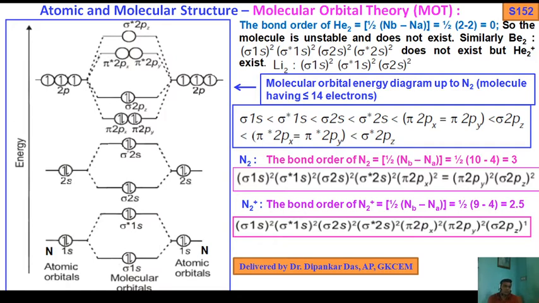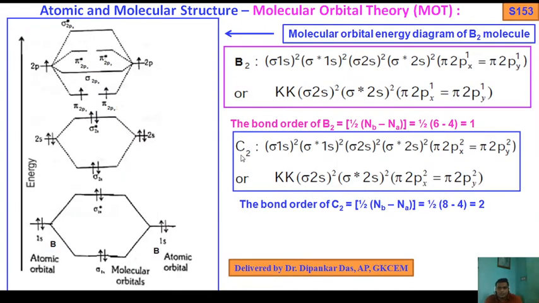You should first fill electrons singly, then pair up if in excess. So C2 has 12 electrons: sigma 1s2, sigma star 1s2, sigma 2s2, sigma star 2s2.